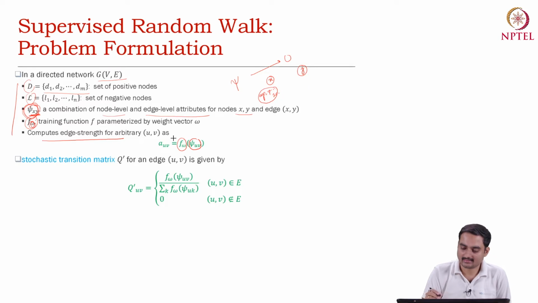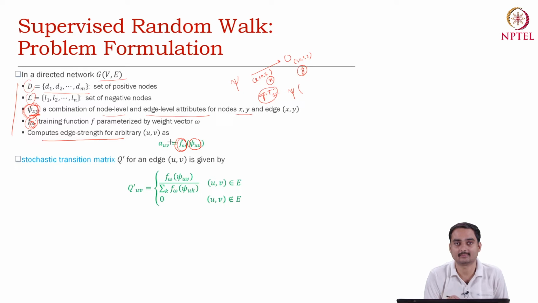Let's say the attributes of x are 2, 1, 0, 2 and the attributes of y are 1, 0, 1, 1. Now, the psi function can simply be the dot product, let us say. The dot product will produce a scalar number, and this value will be passed through the function f.